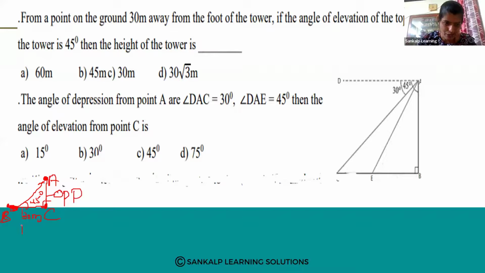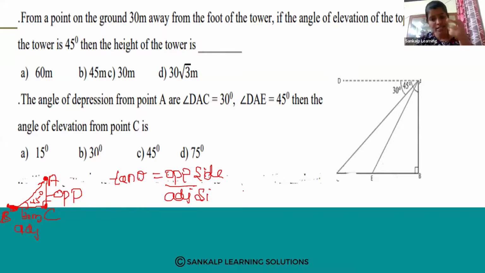So we know the value of the adjacent side and we need to find out the value of the opposite side. That means tan theta is equal to opposite side divided by adjacent side. Because we know the adjacent side value, we need to find out the opposite side. Theta value also we know. So if you consider tan theta, you are going to find the opposite side. Yes or no? So tan theta, theta value is how much here? That is tan 45 degree.